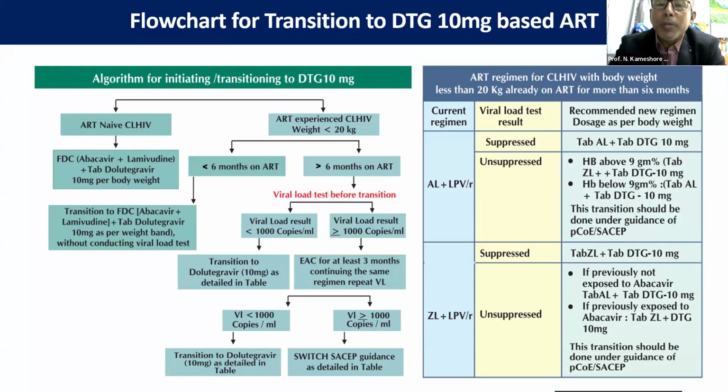So this is to be remembered. If previously exposed to abacavir, then we will still continue to take ZL and transition to dolutegravir. And this transition is also to be done with guidance from the pCoE and the SACEP. Next.